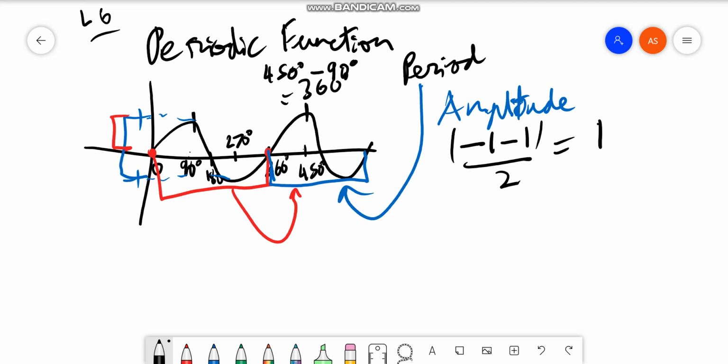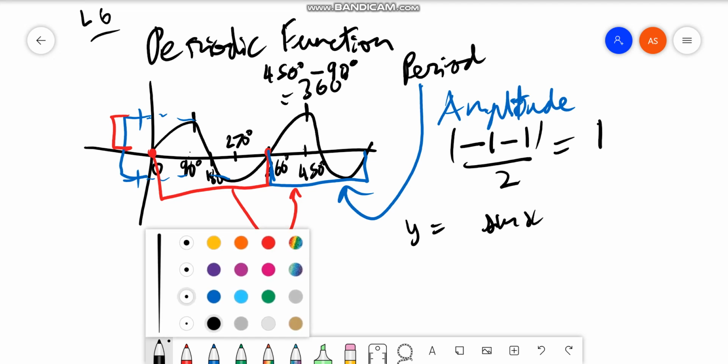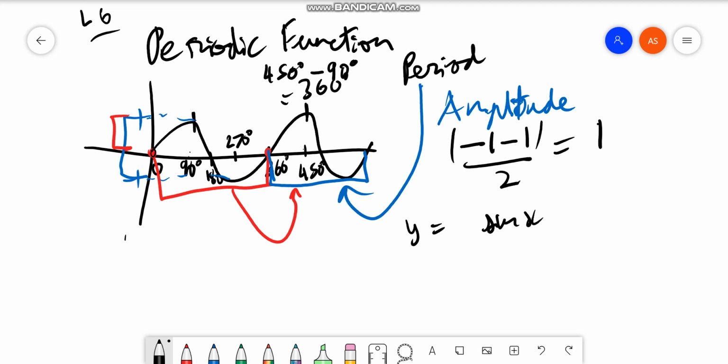Then this graph happens to be the graph of sine x. So this graph is y equals sine x. How we got these points: sine 0 is 0, sine 90 is 1, sine 30 is a half, and same thing for all others.